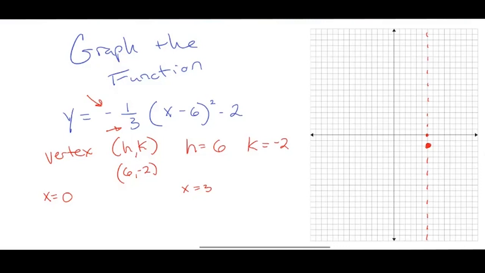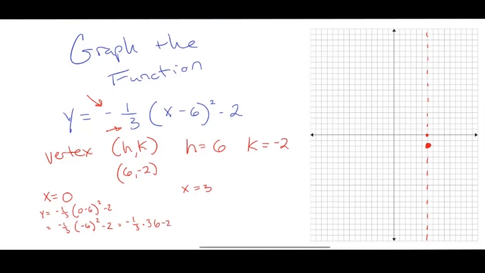So that's going to be y equals -1/3 times (0 minus 6) squared minus 2. That's -1/3 times (-6) squared minus 2, which is equal to -1/3 times 36 minus 2.